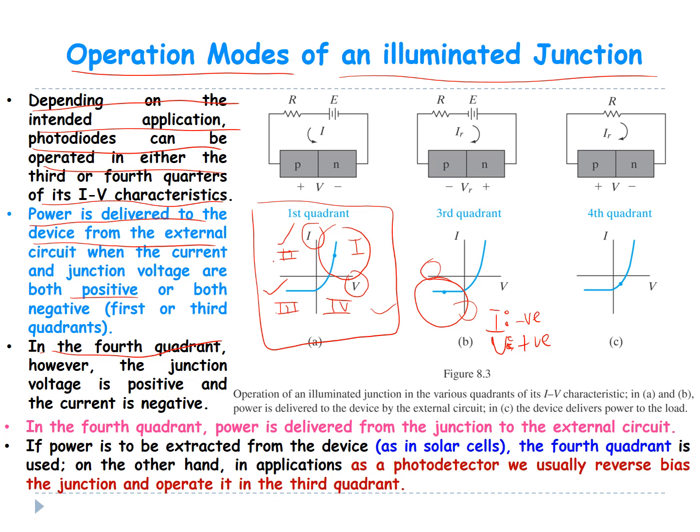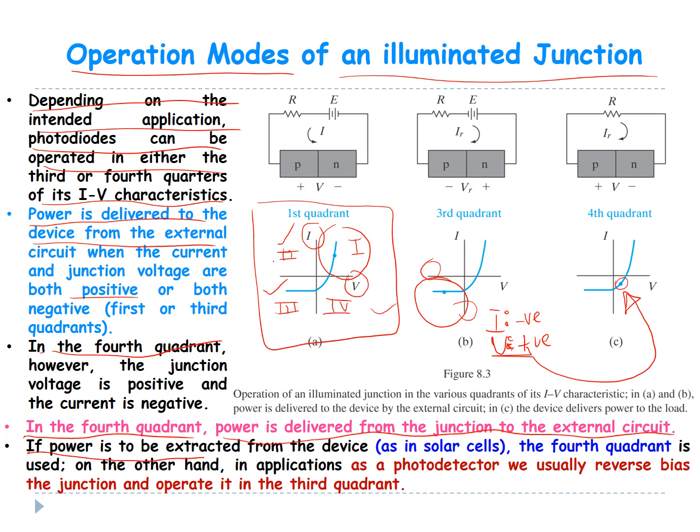So in the fourth quadrant, if you consider this point here, you can see that the junction actually provides power to the external circuit. So that's what we are saying in our notes here, that in the fourth quadrant, power is delivered from the junction to the external circuit.